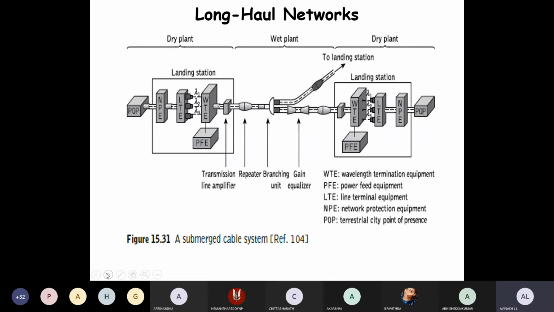The wet plant indicates that signal modification is happening, so signal processing can be taken care of in this wet plant. All these things are in the submerged cable system. As I told you, submerged means it is under the sea, under the water. That is called the wet plant, the submerged cable system.